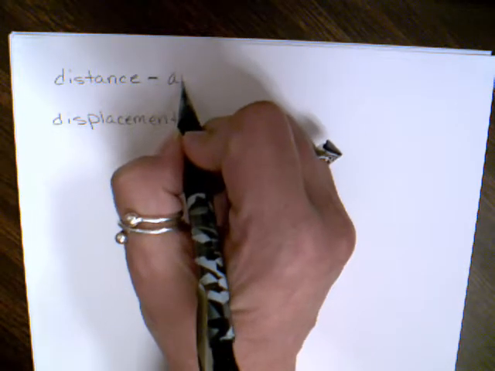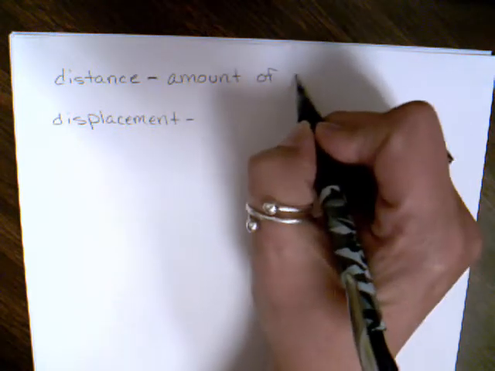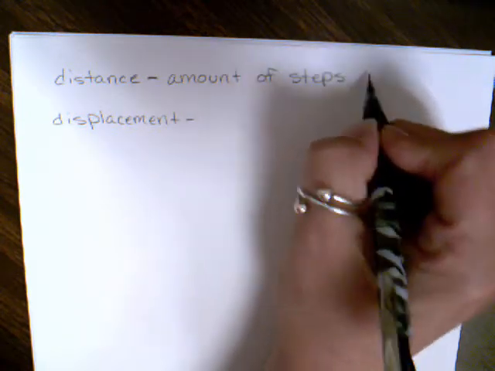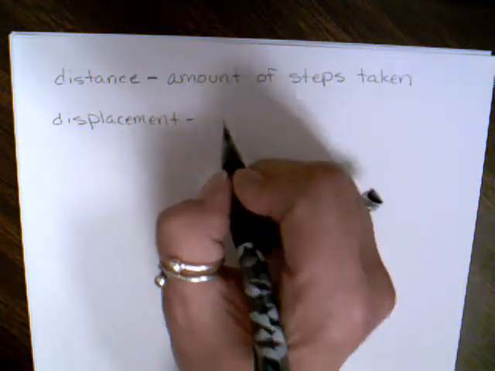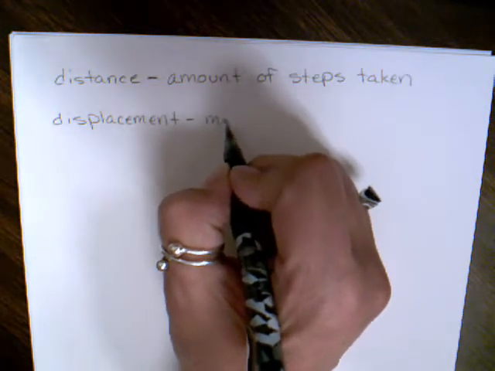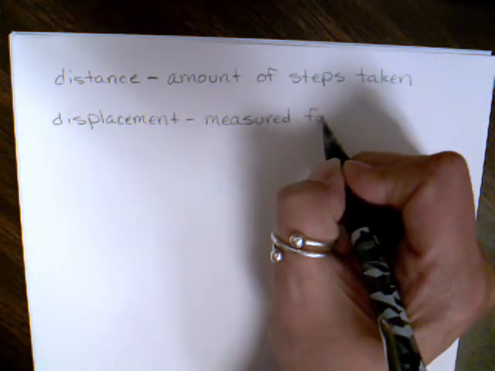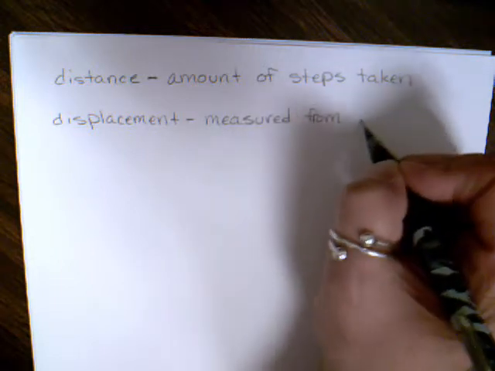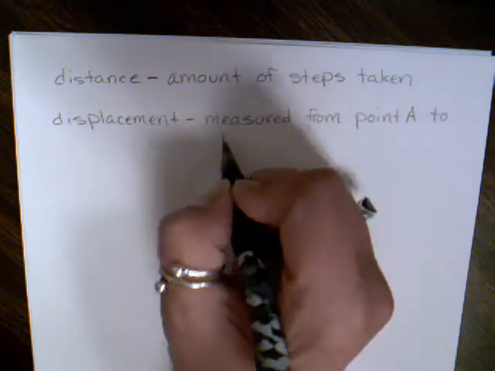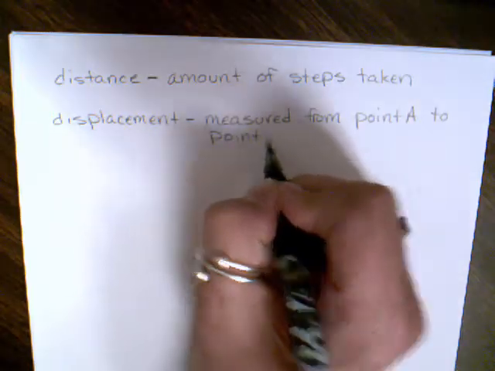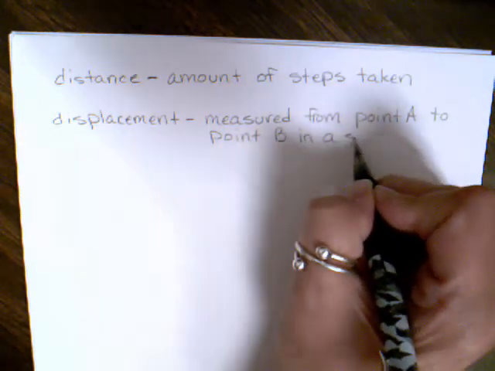So distance is the amount of, let's say, your steps taken. However, displacement would only be measured from point A, which is the science hall, to point B, which is the band hall, in a straight line.